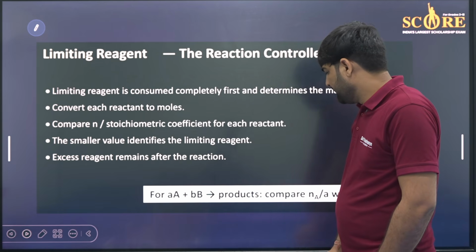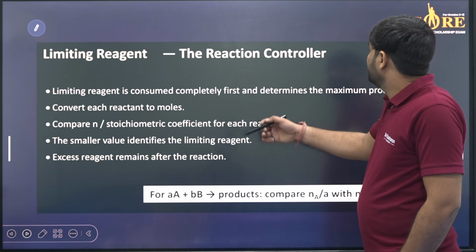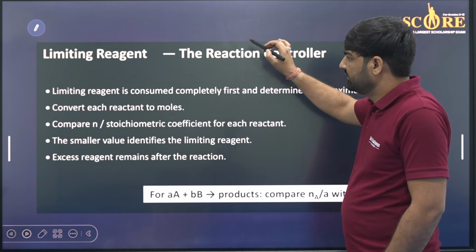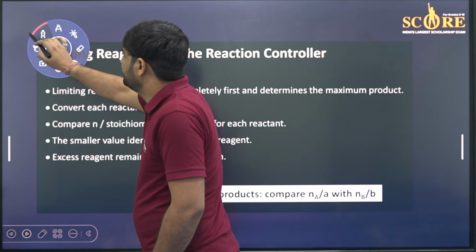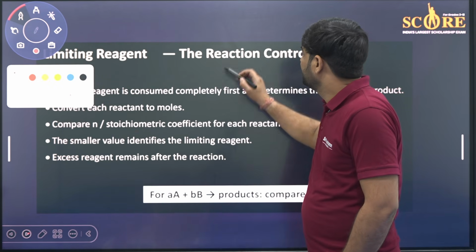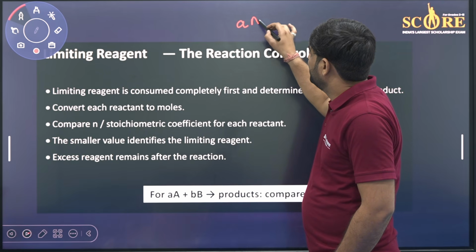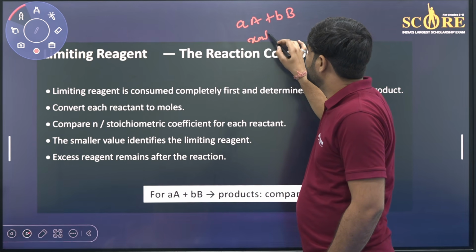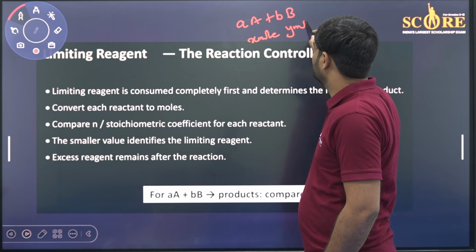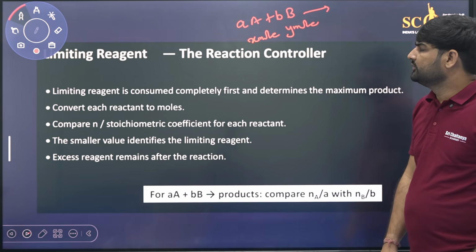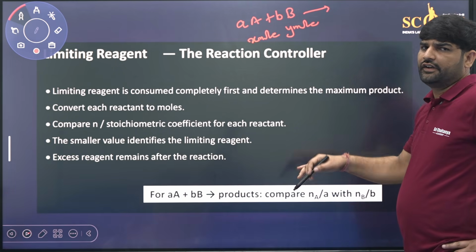For that we have to take an example. For example, there are two reagents, A and B, and X moles of A and Y moles of B are given. Now we have to find the LR.